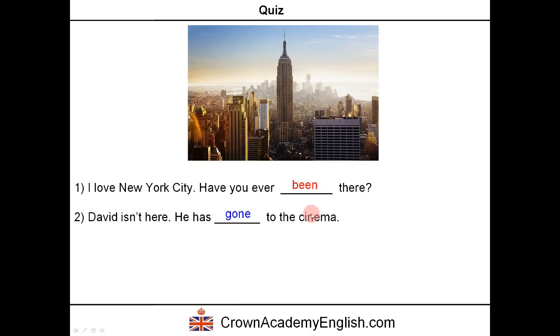And so the answer is that he has travelled somewhere and the visit is not complete because he's not here. If it was complete, he would be here. So if it's not complete, then we use gone. He has gone. He has travelled to the cinema. And he's not back yet. He's not here yet, so he is gone. It's not complete.